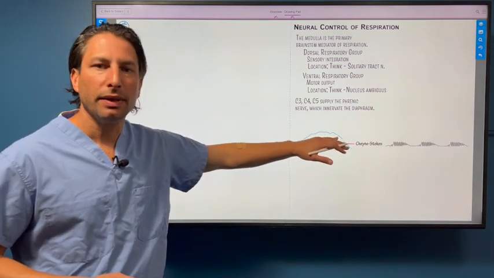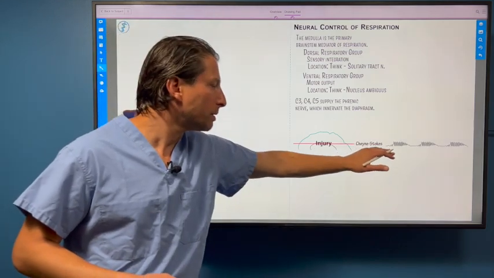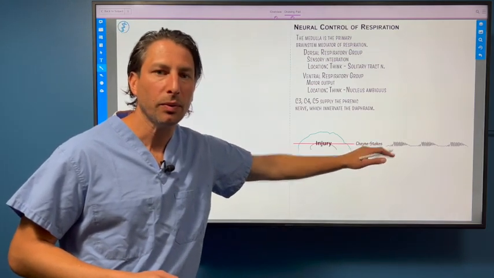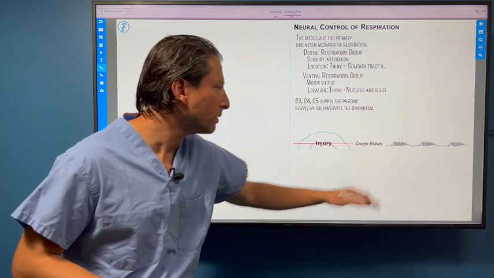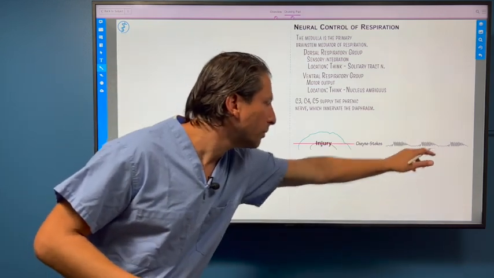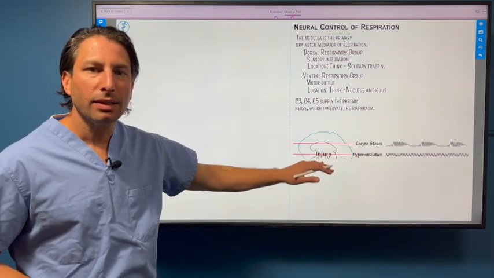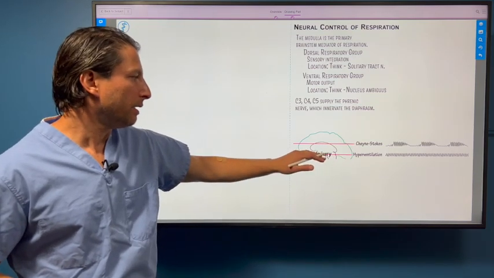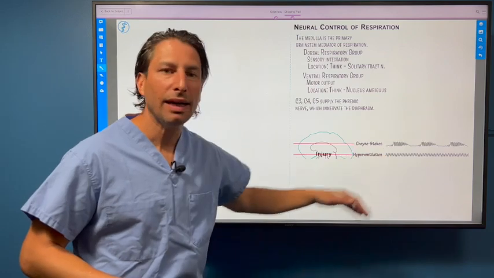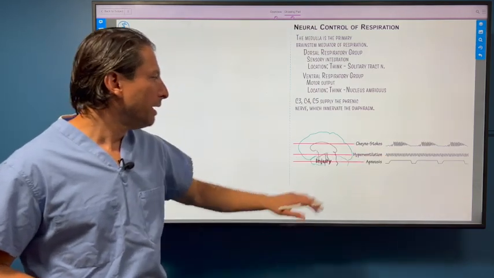Supratentorial cortical injury can cause this Cheyne-Stokes response, and here we see a diagram of the breathing pattern that you see in Cheyne-Stokes respirations, these pauses in breathing with a flattening. And then at the midbrain region, and this is a loosely localizing sign here, there can be this severe hyperventilation response.